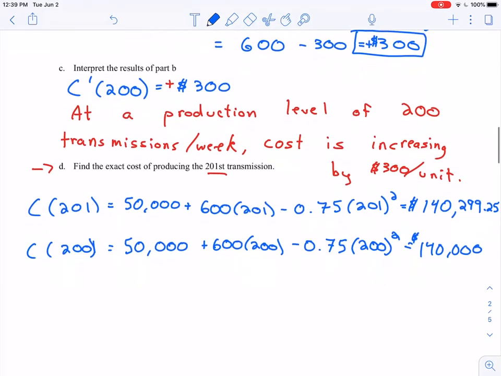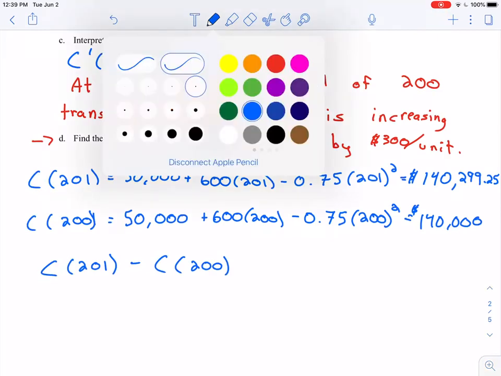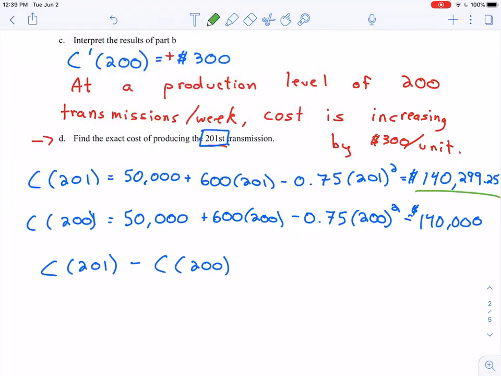So if I want to find the cost of producing that 201st transmission, I know I'm going to take C of 201 and subtract C of 200. So I want to take 140,299.25 minus my cost for 200 units, which is 140,000.